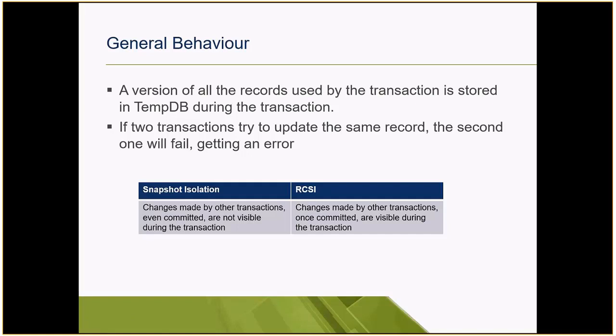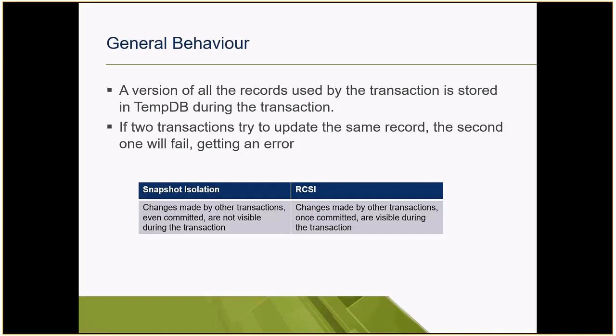There are some differences between the snapshot isolation and the RCSI isolation. On the snapshot isolation level, when we have two transactions, A and B, happening at the same time, transaction A finishes and commits the information, while transaction B is still executing.